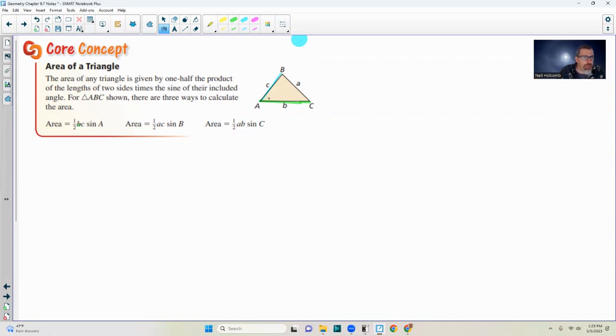So it's the 2 sides that form the angle. You take 1/2 this side times the sine of that angle.